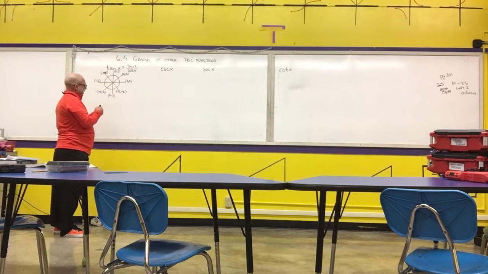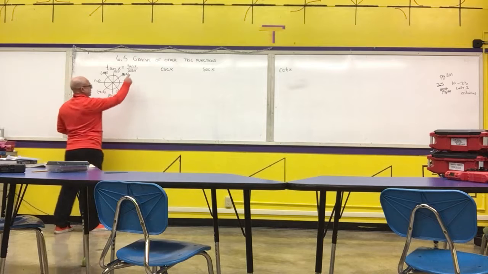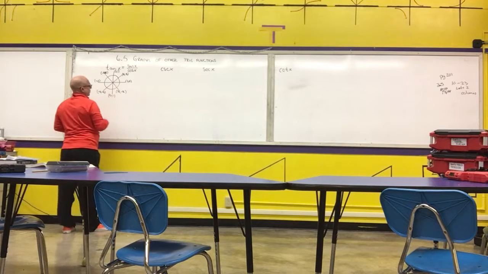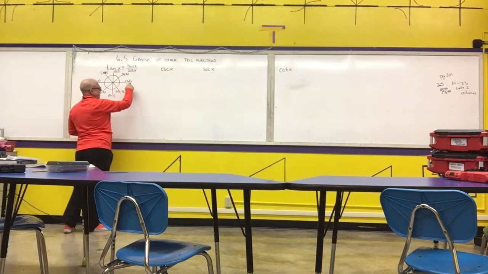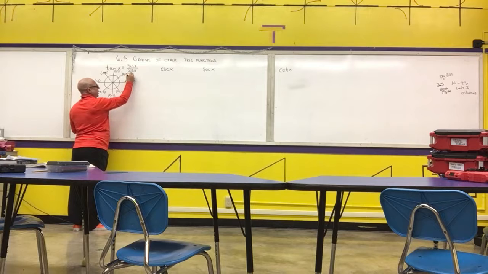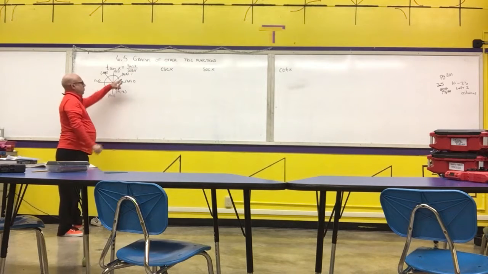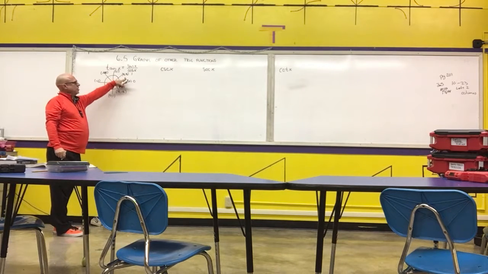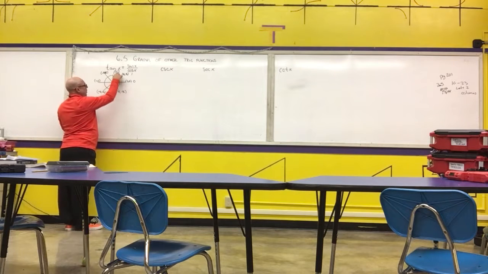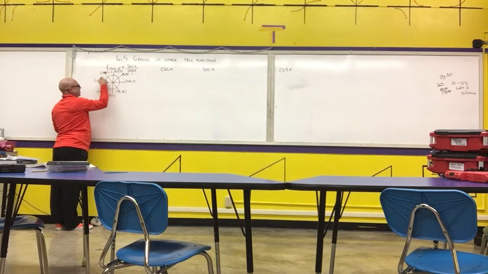In a different color, I'm going to do tangent. Remember, tangent is sine over cosine, so it's the right number over the left number. Tangent of 0 is 0. Tangent of 45 degrees is 1, or we're actually going to use radians, so the tangent of pi fourths is 1. 1 over 0 is undefined. This would be negative 1.